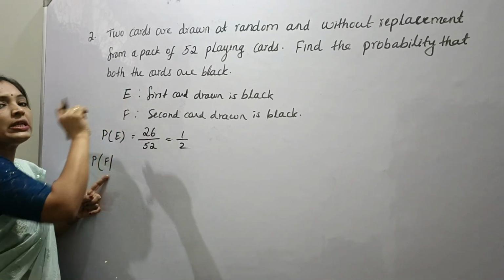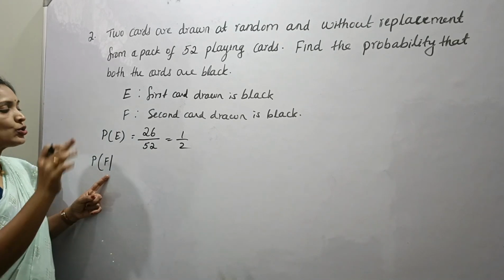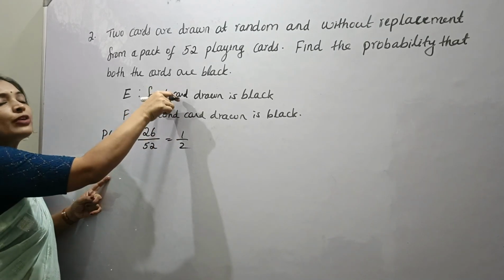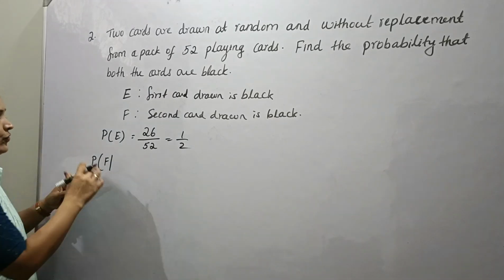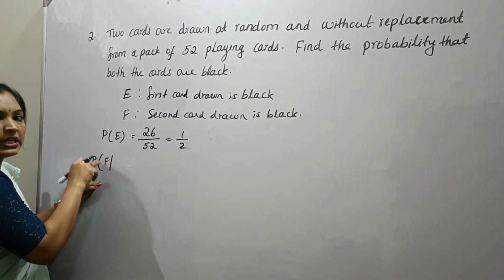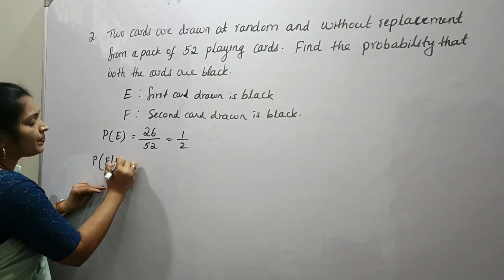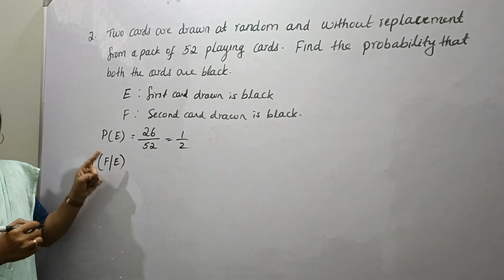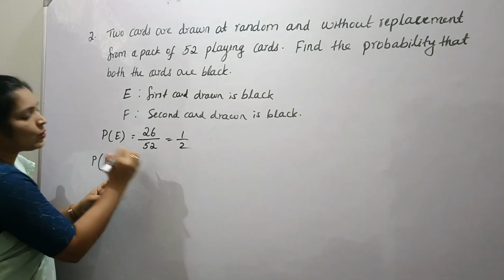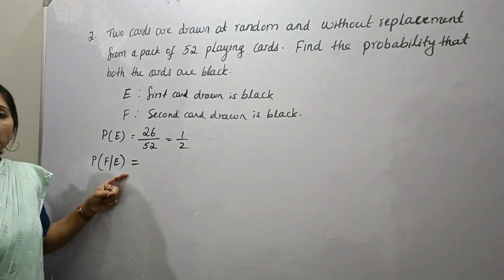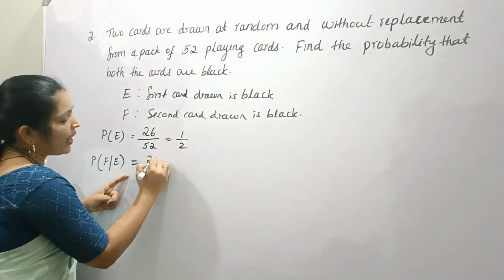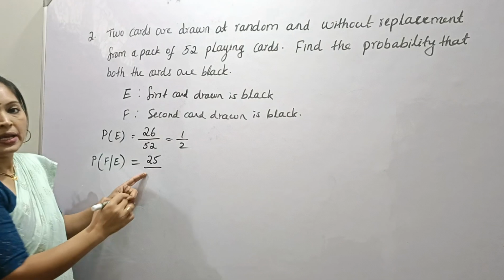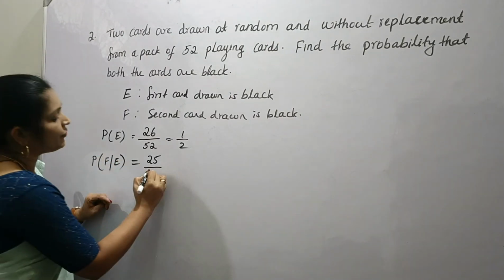Okay, that is the event E has already occurred. So here we are selecting the card from here. Okay, so one card is reduced. Therefore, it is probability of F given that E. That is equal to, now how many black cards? 25. Right? So 25 divided by how many total cards?